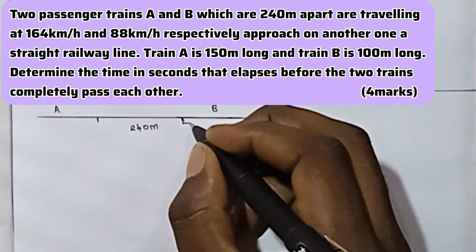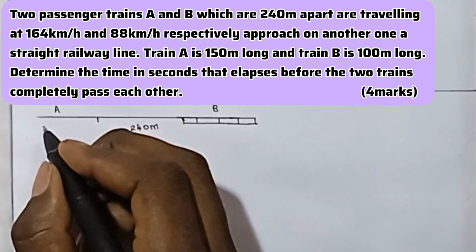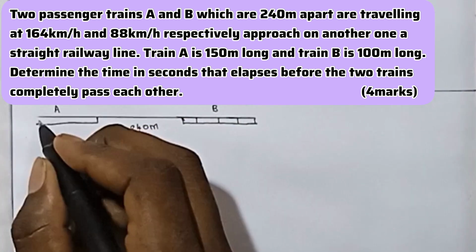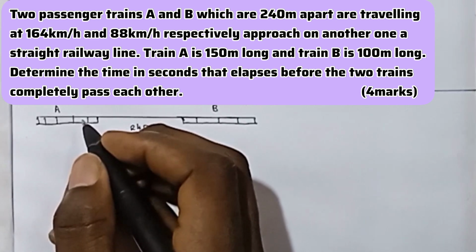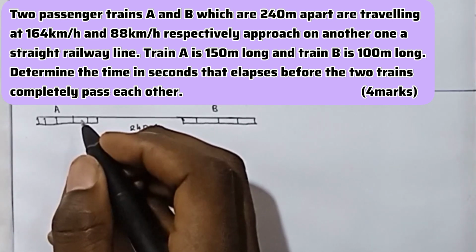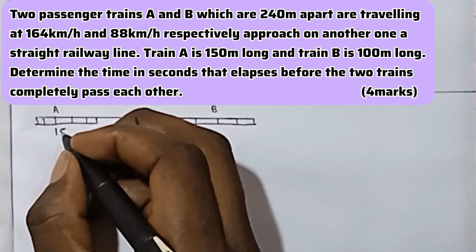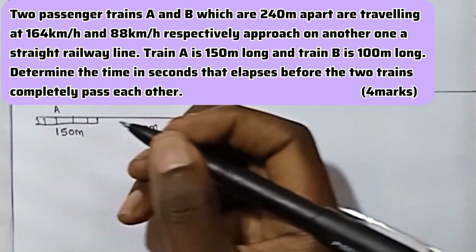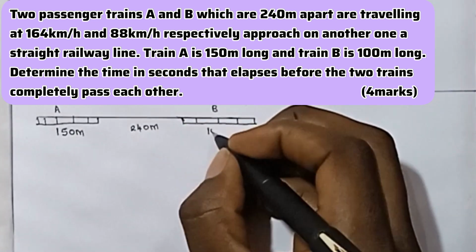From here to here, this is the train, and this is the other train. So train A is 150 meters long, and train B is 100 meters.